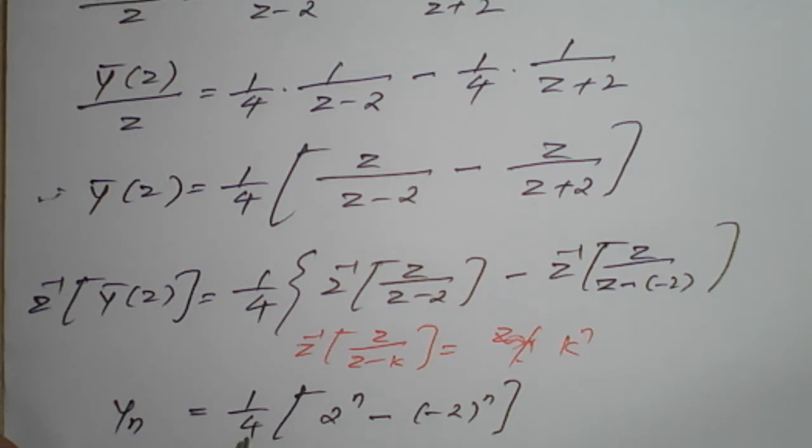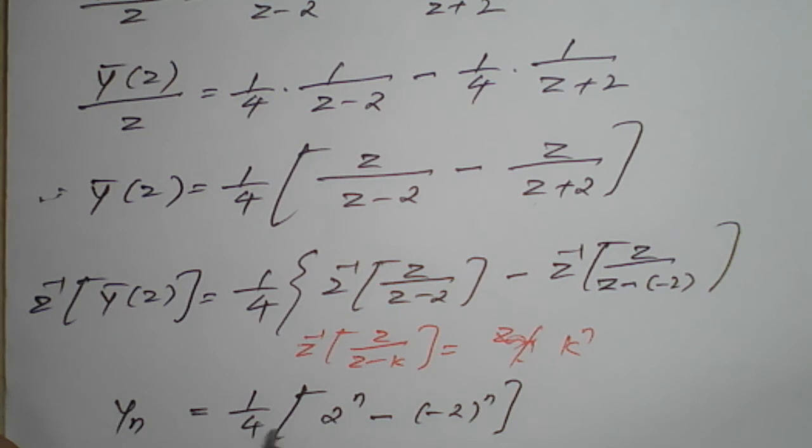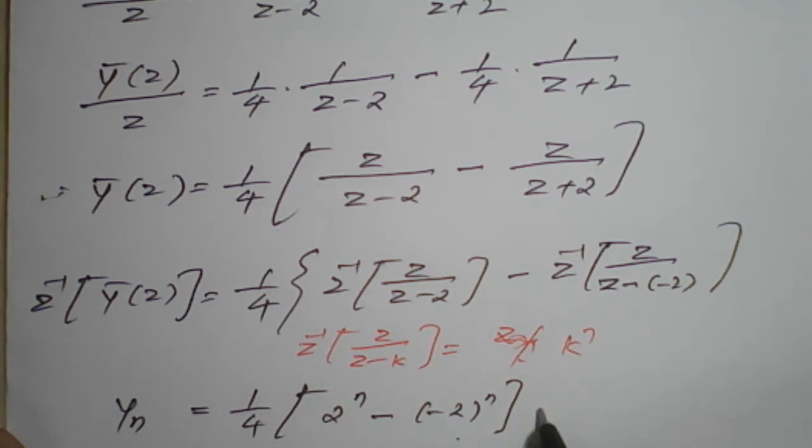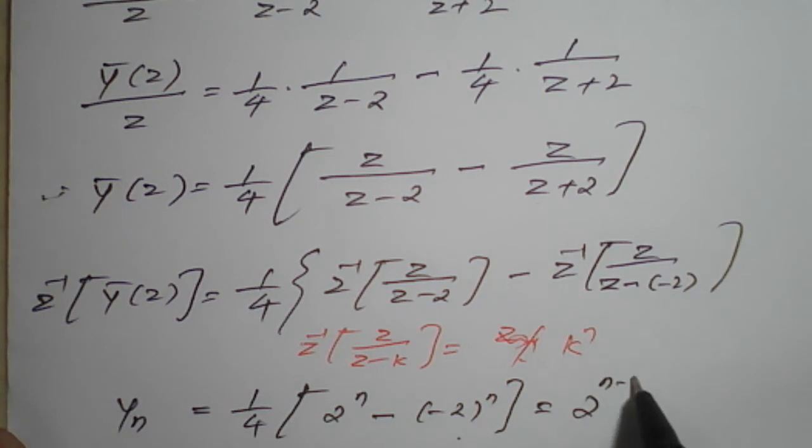Or else if you multiply this 1 by 4 for both the terms, it will become 2 raised to n divided by 4, minus of minus 2 raised to n divided by 4. 4 can be written as 2 square, so it will become 2 raised to n minus 2.